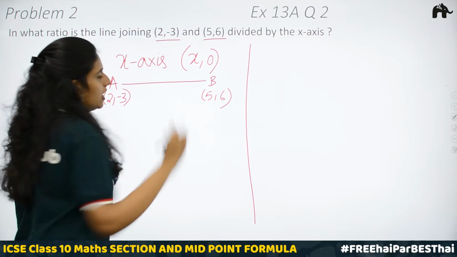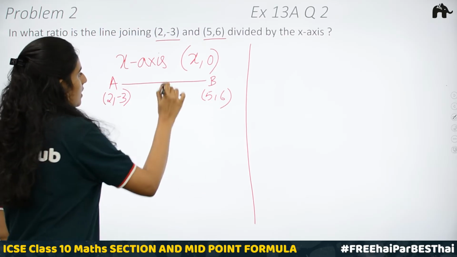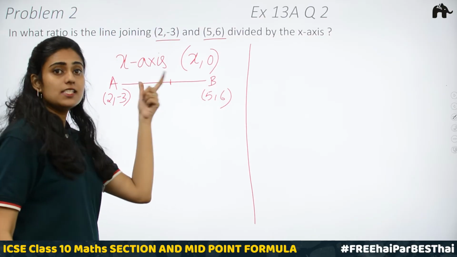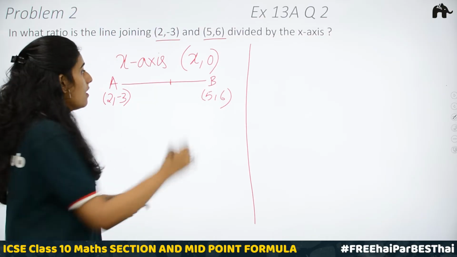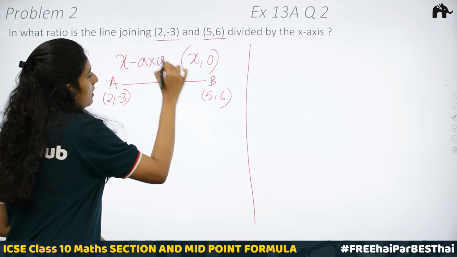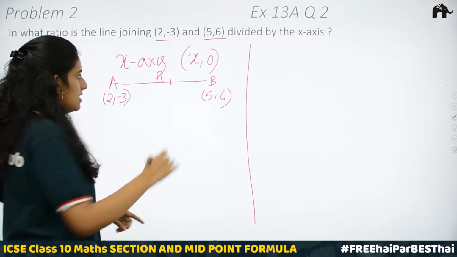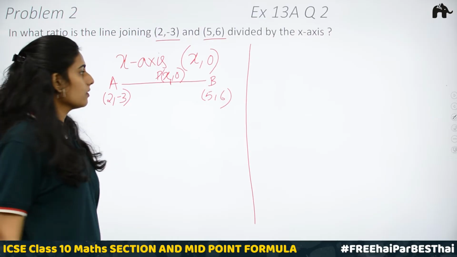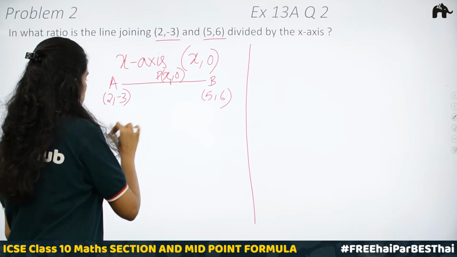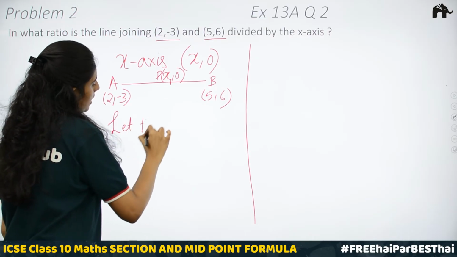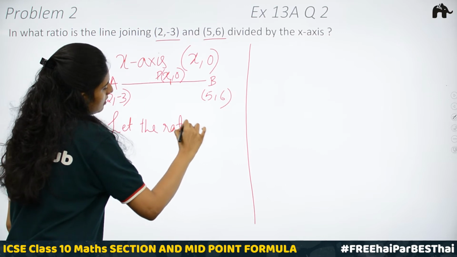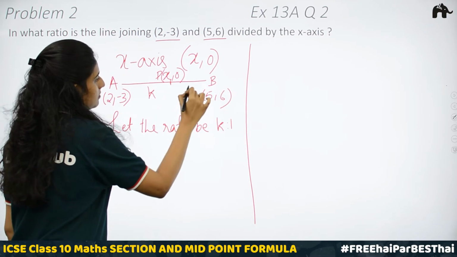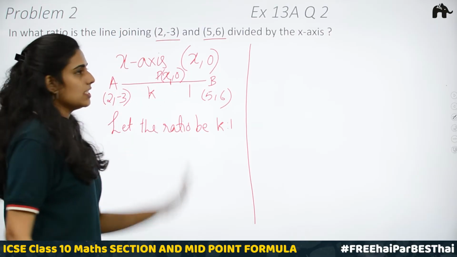This is the line joining A and B. This line joining A and B is divided in some ratio with point P which lies on the x-axis, x comma 0. Okay, let us take this ratio. Let the ratio be k is to 1.